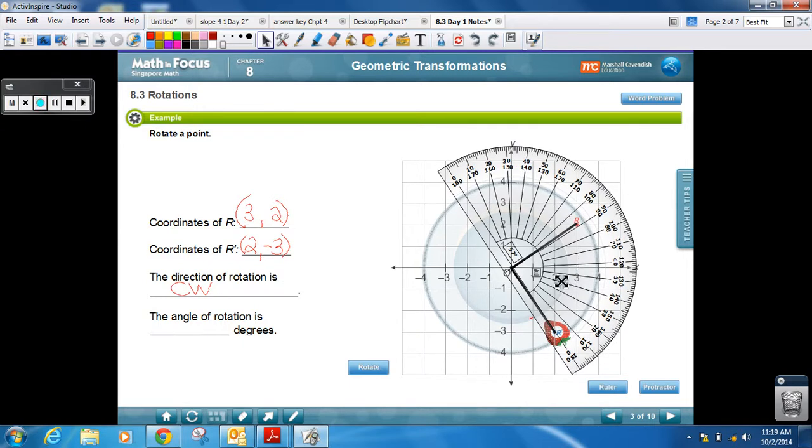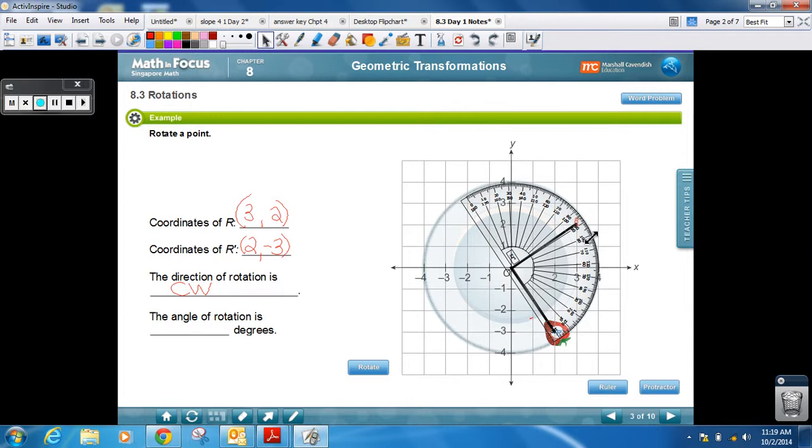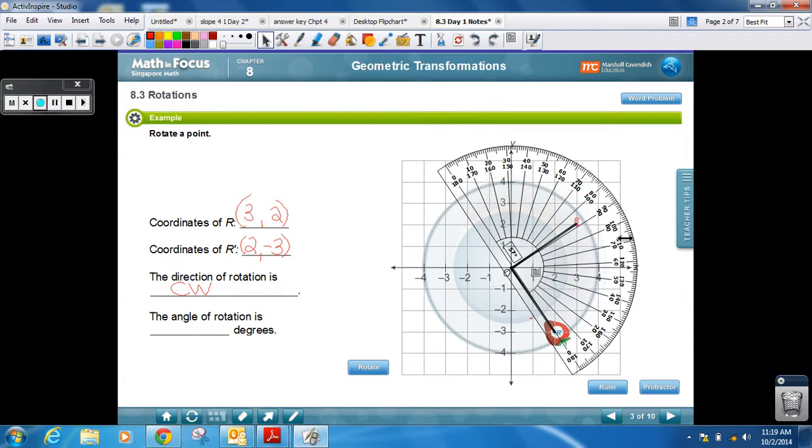And so if I look there, this angle of rotation, let me make this smaller so I can actually see, would be about 92 degrees. So you can see, if you aren't accurate with drawing these lines, that it might be off by a couple degrees or so.